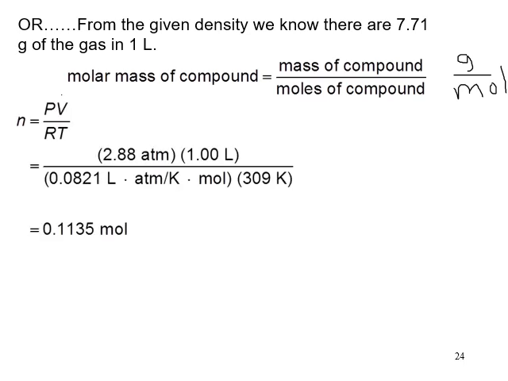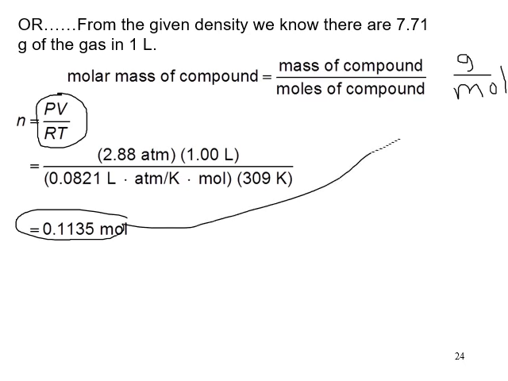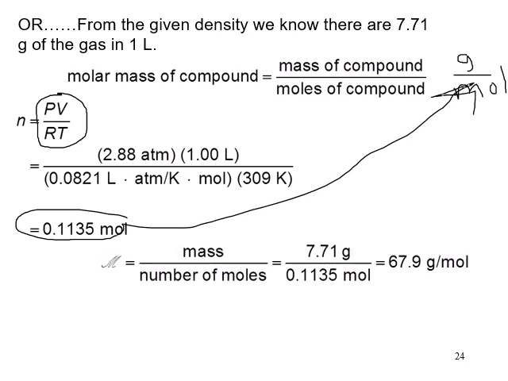We used the ideal gas equation to figure out the number of moles of the gas, and that can go right here. And we have the grams. And you get the same answer as you did on the previous slide. So when you're trying to solve problems, I like this way where the molar mass was dependent upon the density and the other parameters, but we basically did the same thing just in 2 different steps.